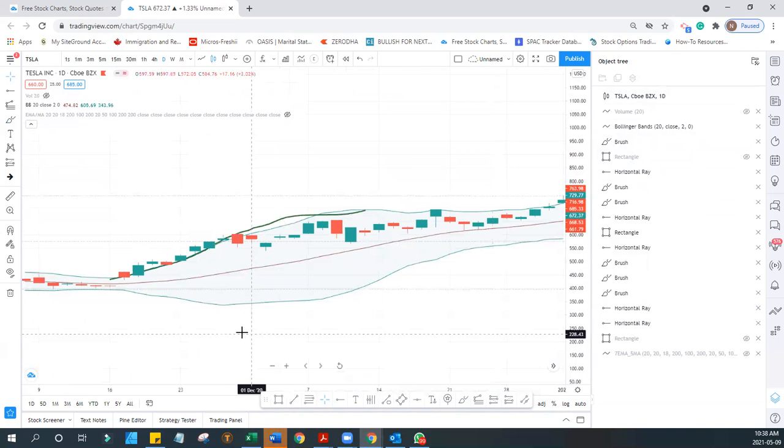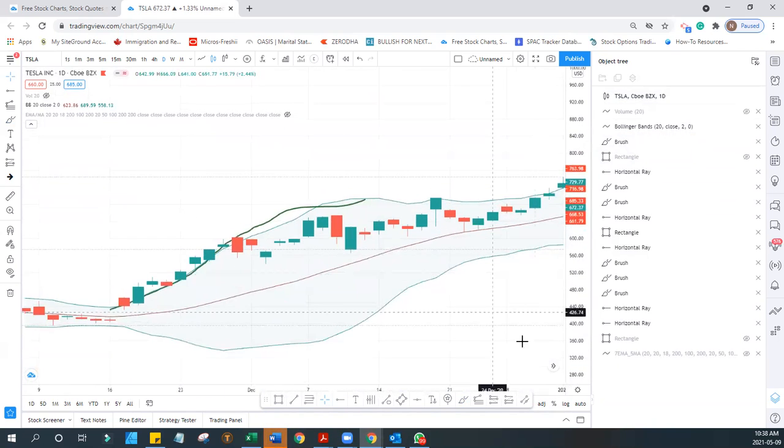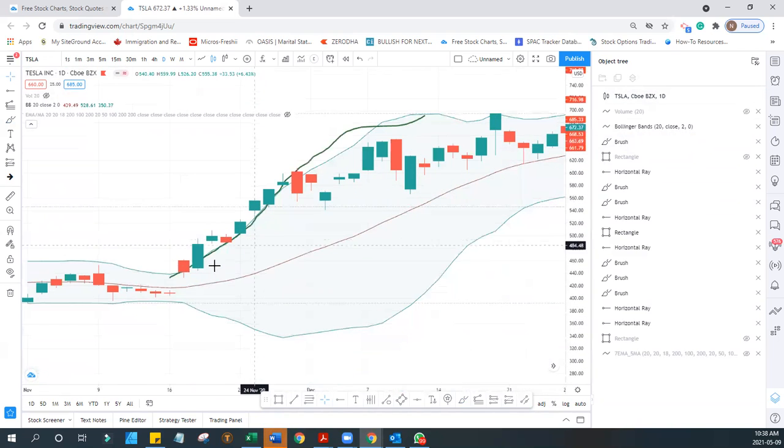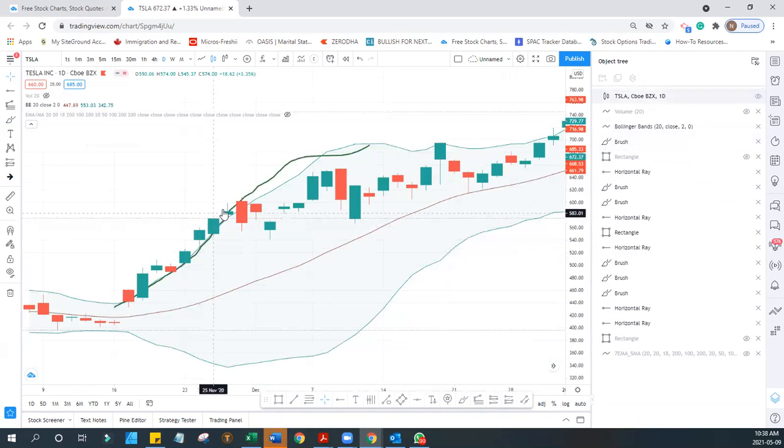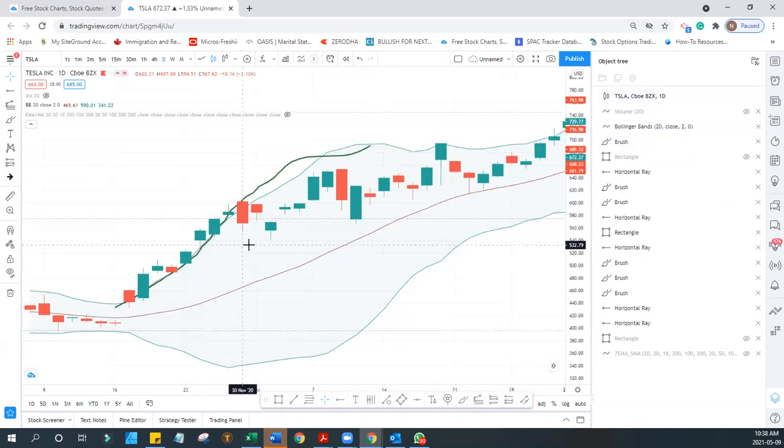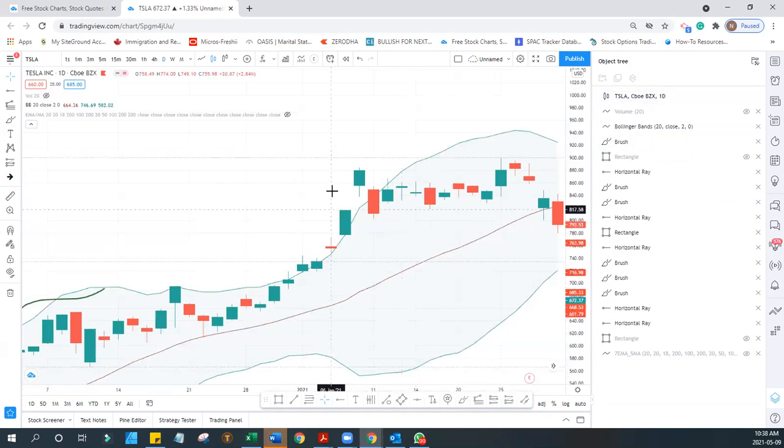For example, it went out, the next day it still stayed out, but the following day it came back in. The price went up, it stayed in, but then the price came down. Even here the price went up outside the band, and then it had to come down inside the band.